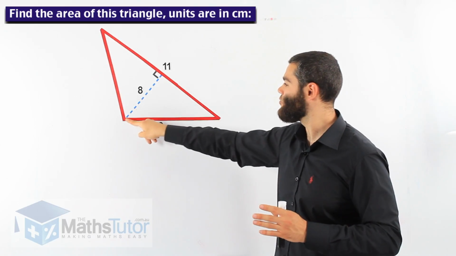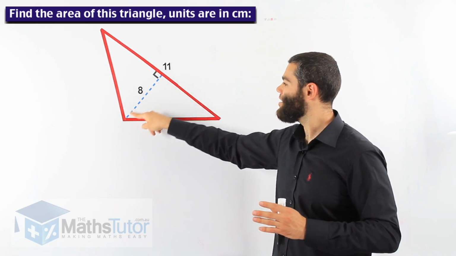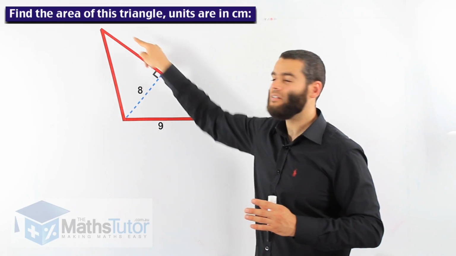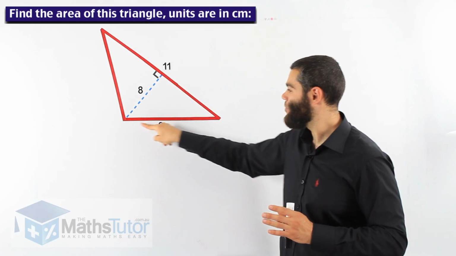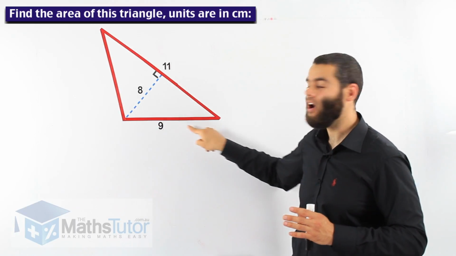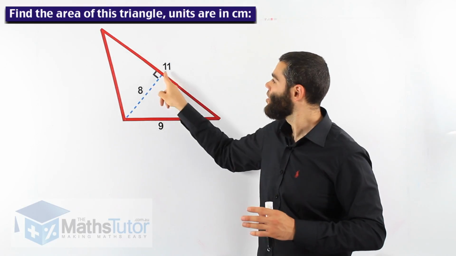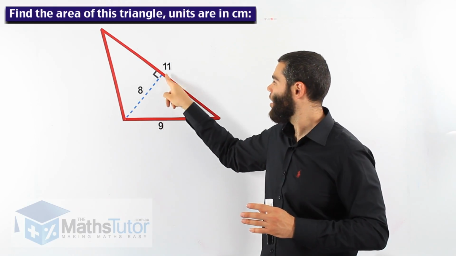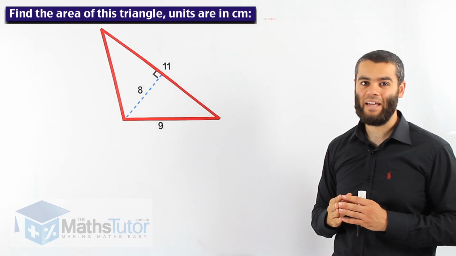So the height of the triangle from the point to the base is 8 and the base is 11. Very important not to get tricked. This is not our base because it does not meet the height at 90 degrees. So this is our base meeting our height at 90 degrees. So our base is 11, our height is 8.